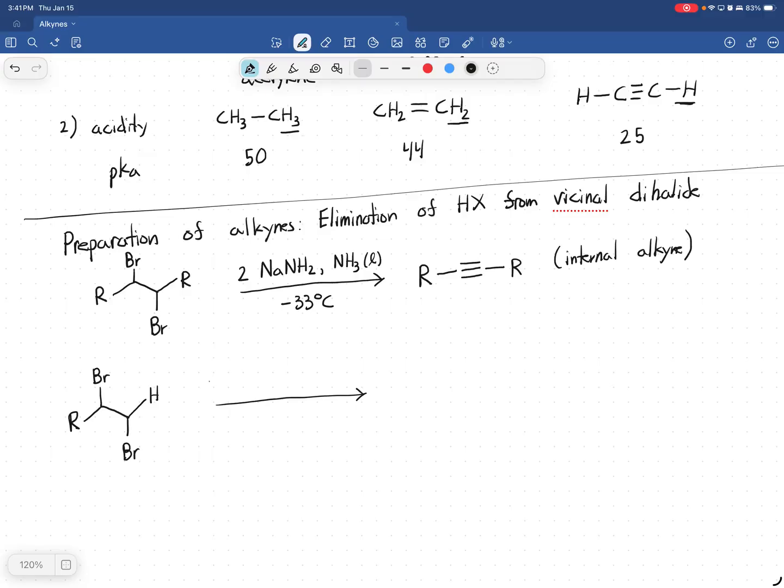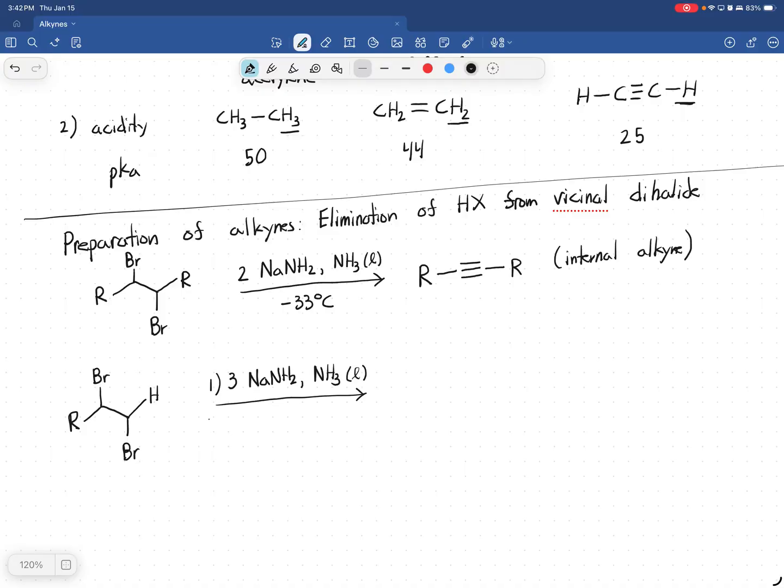But it's a little tricky here: you need 3 equivalents of sodium amide. Okay, and the reason you need 3 equivalents is so that the alkyne can form in great yield.